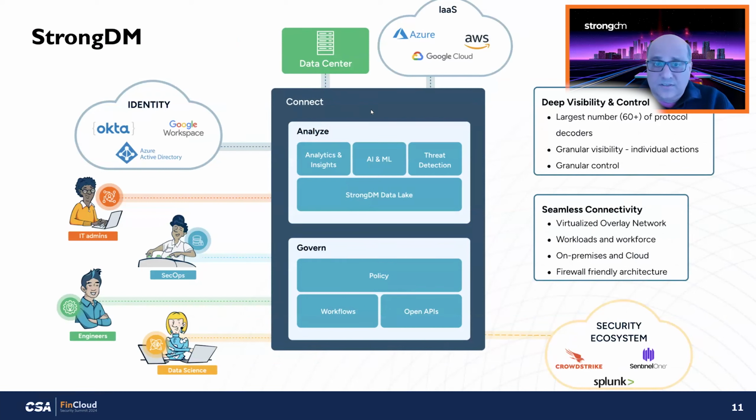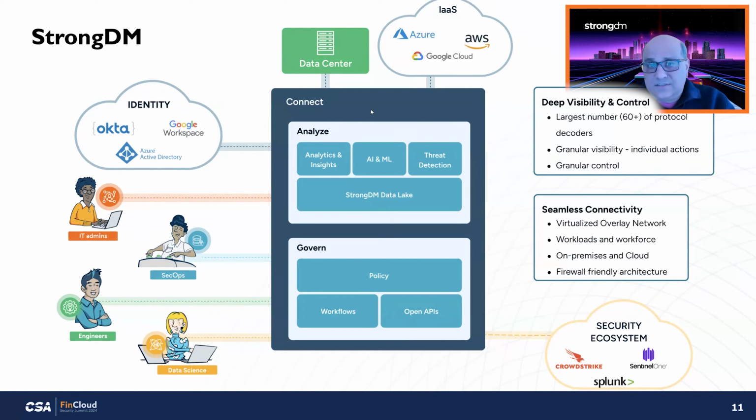So how do we do this? Essentially, we read in signals from your identity provider, whether it's Okta, Google Workspace, Azure Active Directory, virtually anything that supports SAML or OIDC. We read in signals from your security ecosystem, CrowdStrike, SentinelOne. We send data to your security ecosystem, whether it's Splunk or other SIEMs, and we use that to calculate a risk score and perform a continuous assessment of the risk at any given moment in time of what you're about to perform.